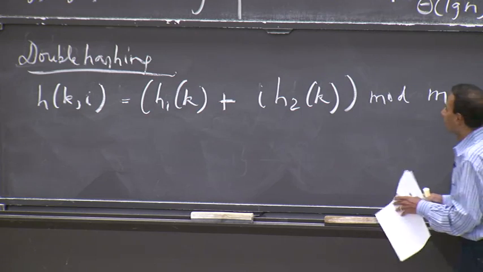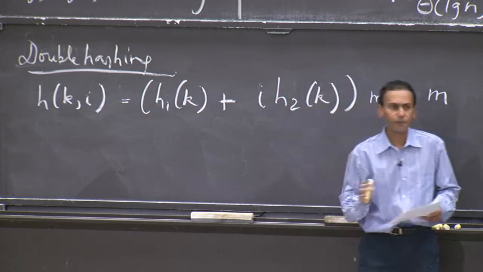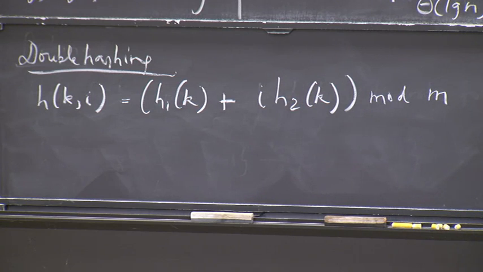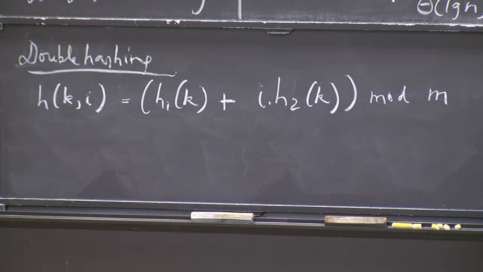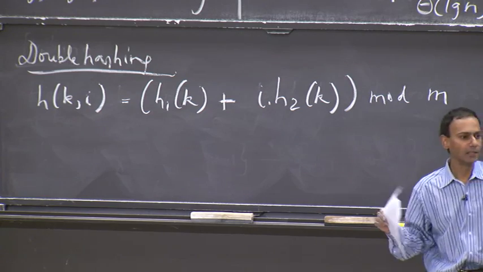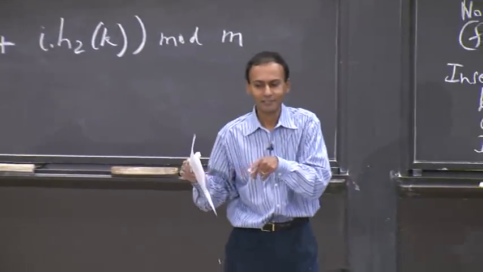Now, the first thing that we need to do is figure out how we can guarantee a permutation, because we still have that requirement. And so, those of you who are into number theory, can you tell me what neat property of h2 and m we can ask for to guarantee a permutation?